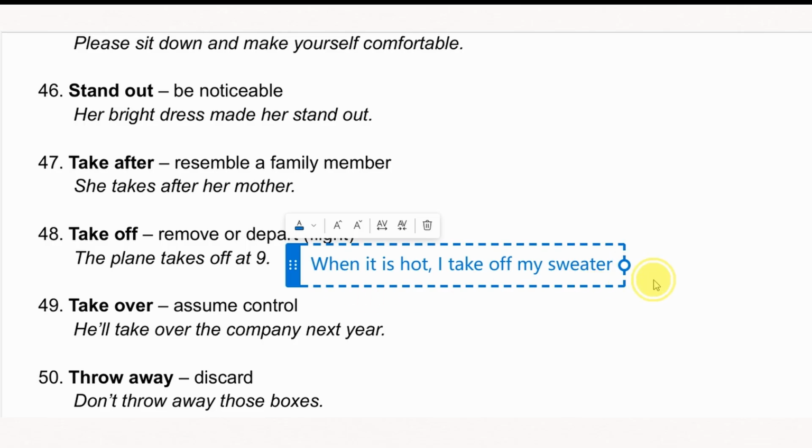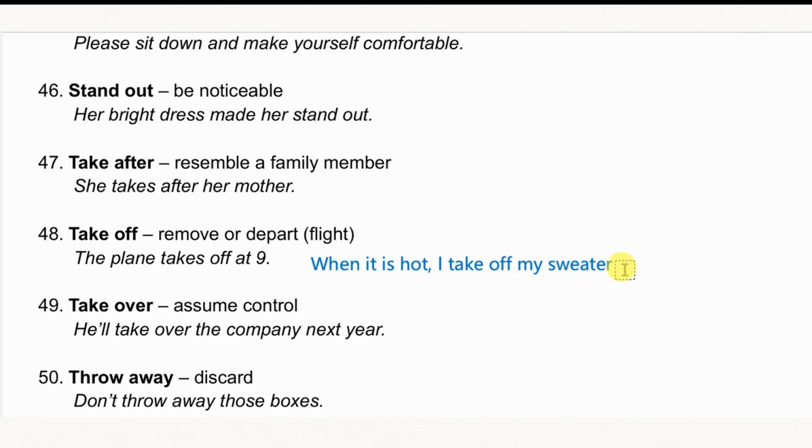It means that when it is hot, I remove my sweater. I hope that you see the difference between take off, which means to remove, and take off, which means to depart.